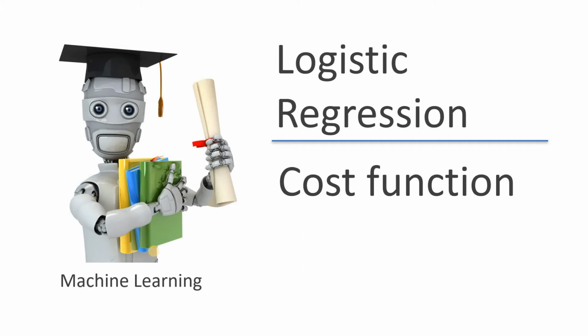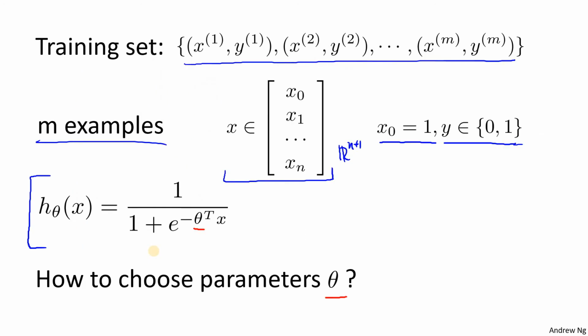So here the cost function is different. It's not the one that we saw in linear regression. We have a training set where we have examples, input values x, and then the output is given y. We put a number on the top of these to show the example number, the row number.